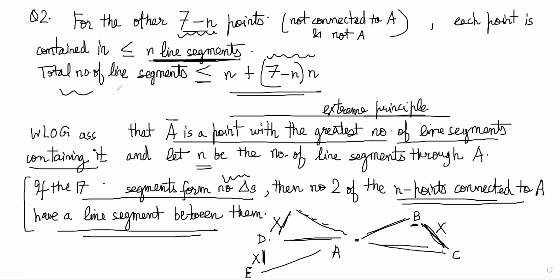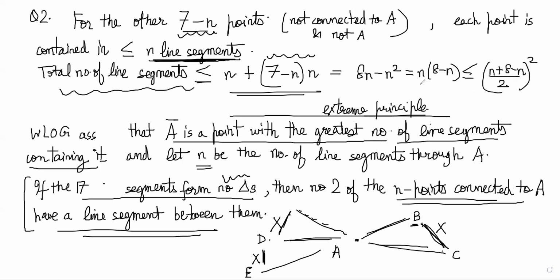So the total number of line segments is coming out to be this, which is equal to 7n plus n minus n square, that is 8n minus n square, and we can write that as n times 8 minus n, which is less than or equal to n plus 8 minus n by 2 whole square by the AM-GM principle.